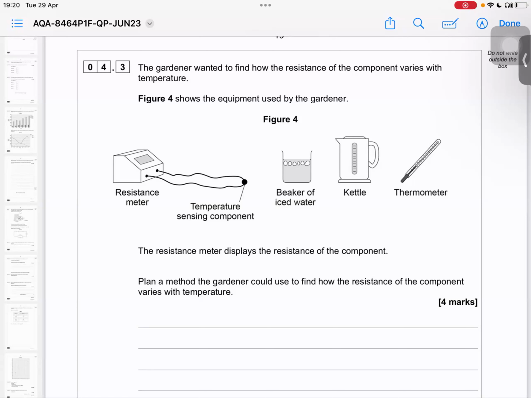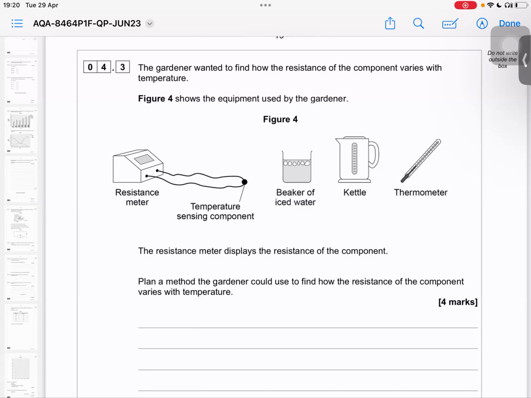How would he be able to verify that the resistance varies with temperature? He will need to put that sensing component in the beaker of iced water, and the resistance will be measured, right? Yeah.